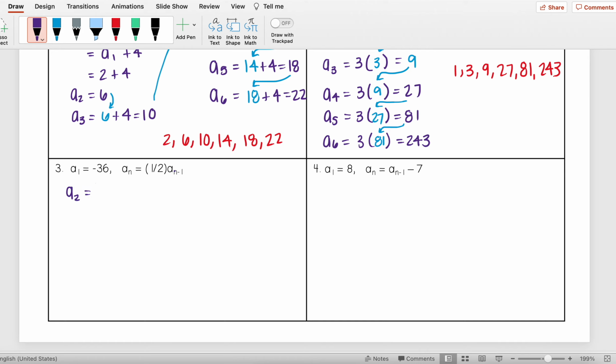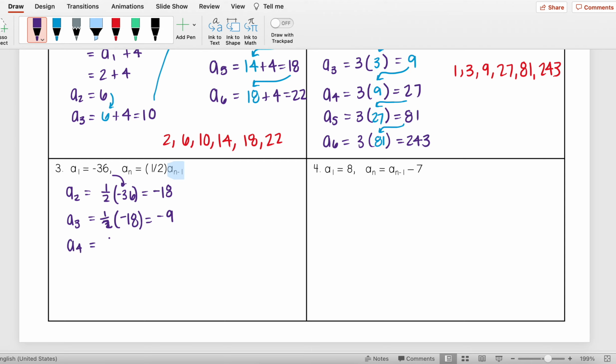So here, my rule is an is equal to 1/2 times an minus 1. So 1/2 times the previous term. My previous term here is negative 36, to get negative 18. a3 is going to equal 1/2 times my previous term, negative 18, to get negative 9.